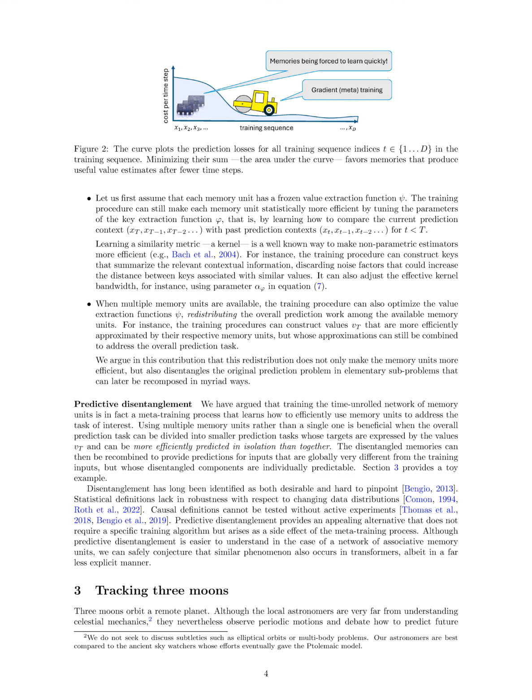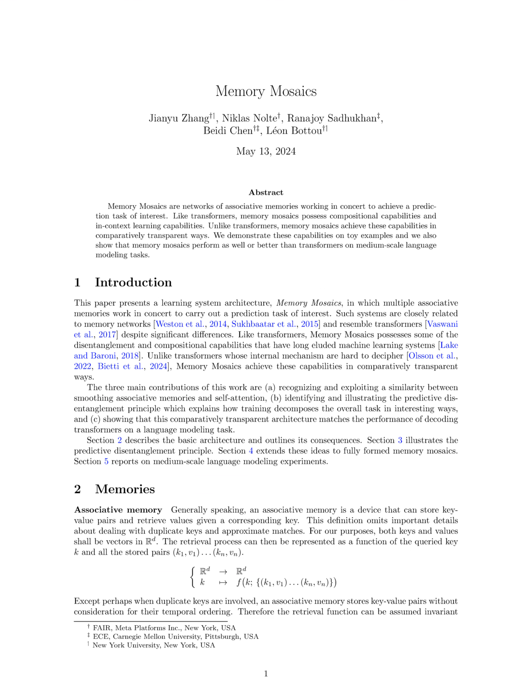The architecture aims to disentangle the prediction problem by training the network to efficiently use memory units to predict future values based on past observations. This approach allows for transparent and interpretable learning mechanisms compared to traditional transformers.